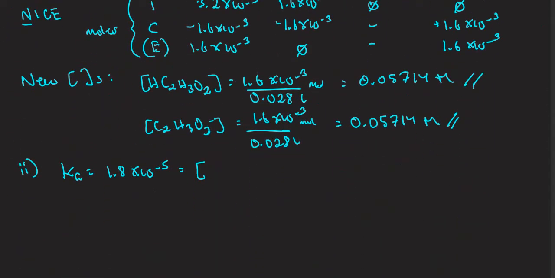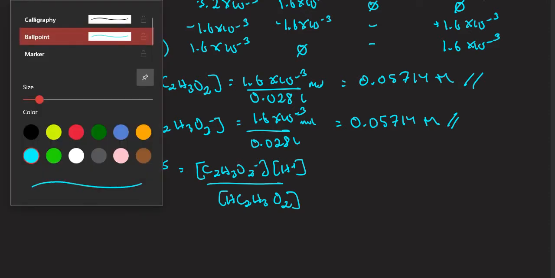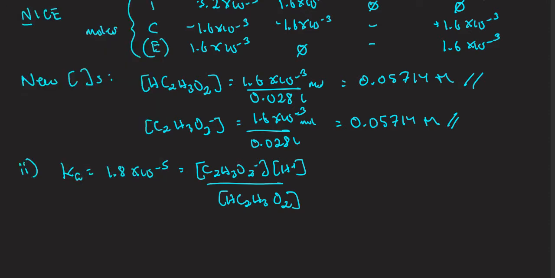So products over reactants. Okay, acid. Okay, good. So, okay, acetate ion, we know that concentration right there.